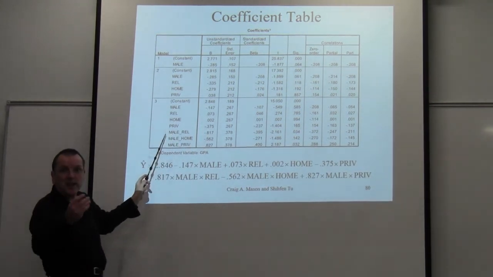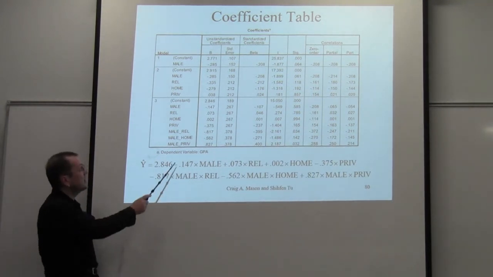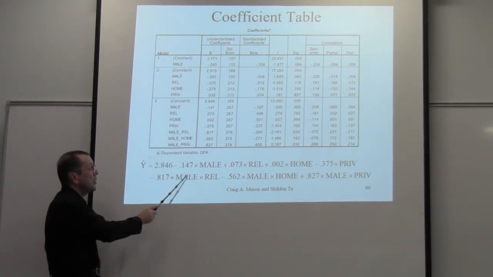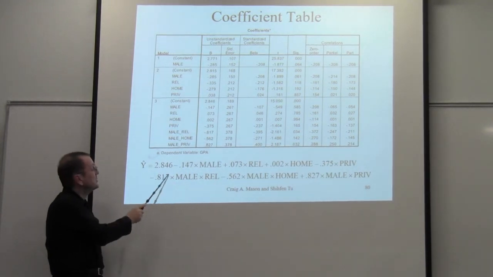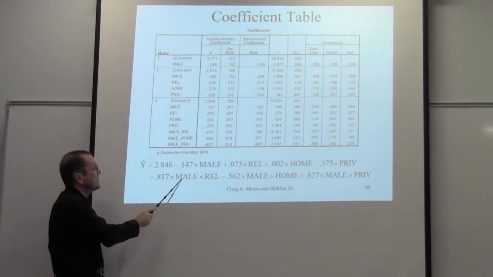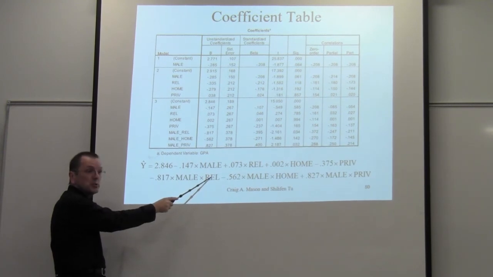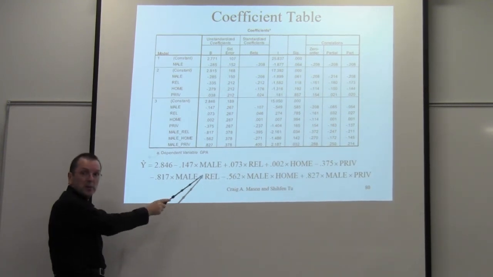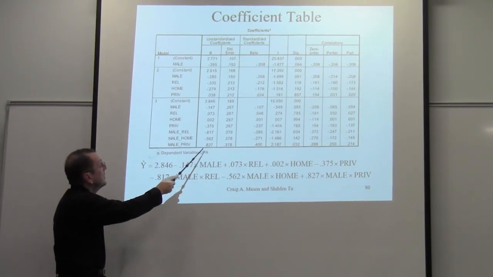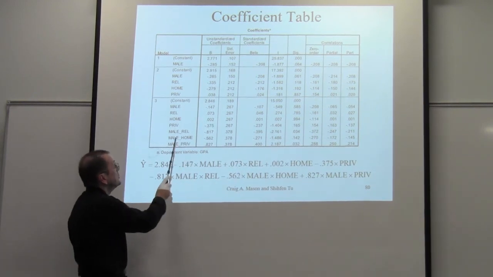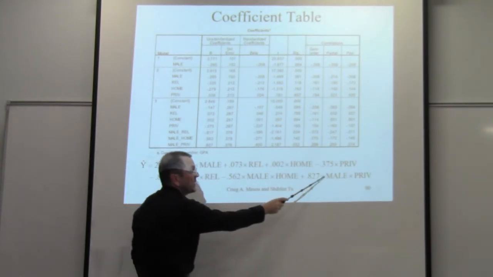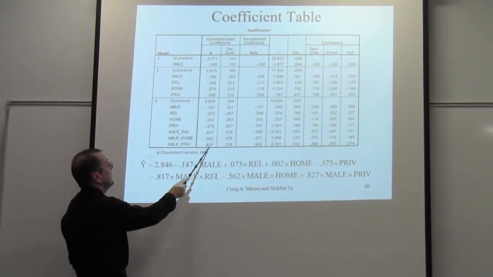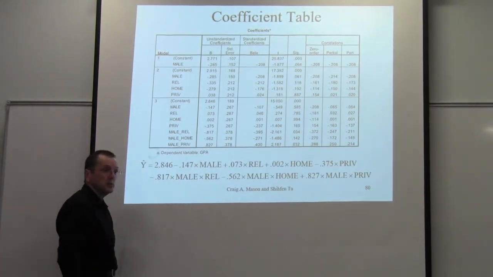And again, as I was saying last week, just to make life easier, instead of writing down the variable, write down how you've multiplied it. So it's minus 0.817 times male times religious schooling, because those are the values I'm going to have to plug in to solve. Minus 0.562 times male times homeschooling plus 0.827 times male times private schooling.